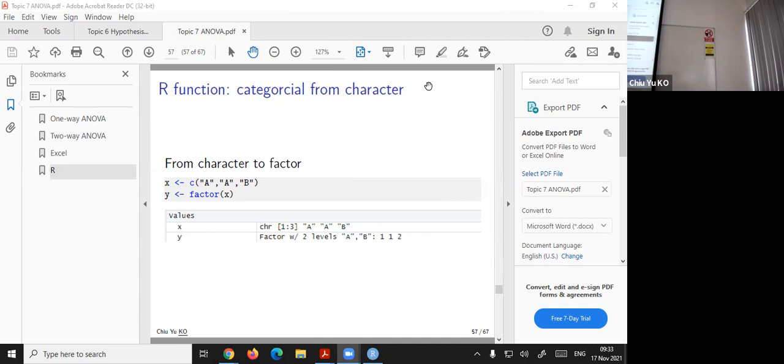I just tell you how to work on the Anova. It's not that difficult.